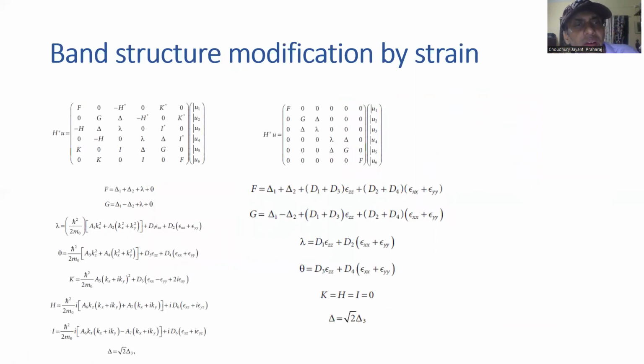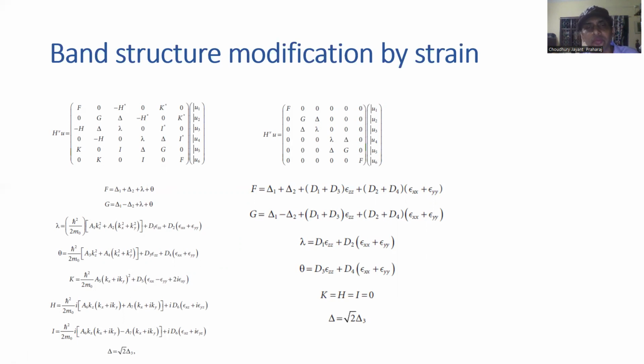Then the strain also modifies the band structure, and then we have the so-called 8-band or 6-band k.p theory. And we have these different terms that enter into the matrix, that is the Hamiltonian matrix that goes into determining the various kinds of band structure that we see. And then that affects the mobility in these materials and other material parameters that enter into the device equations.